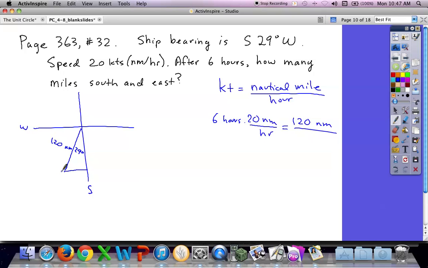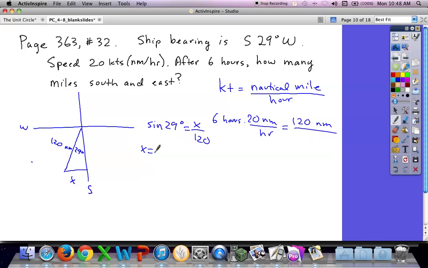So let's say I want to go to the west distance first. Let me make that an x. Then what is the trig function we can use to solve for the x? Here's your 29 degrees, so it's opposite over hypotenuse, sine. So we're going to say sine of 29 equals x over 120.